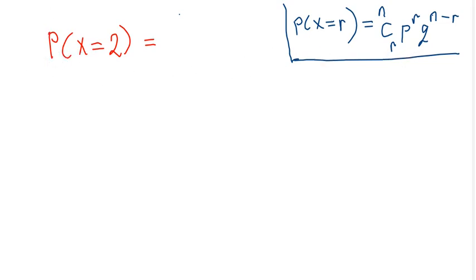So let's use this model. What we have is the probability that the number of successes is equal to 2. So we have got 15 trials, and we are choosing how many successes, which should be 2.